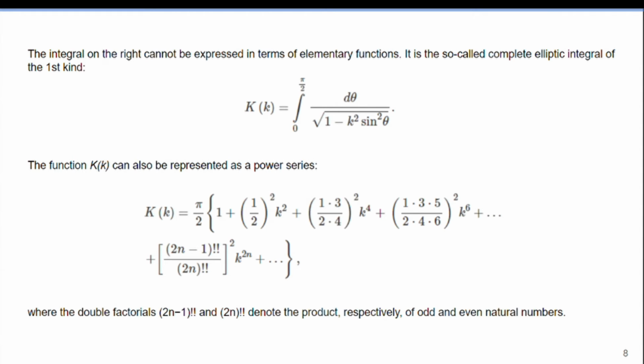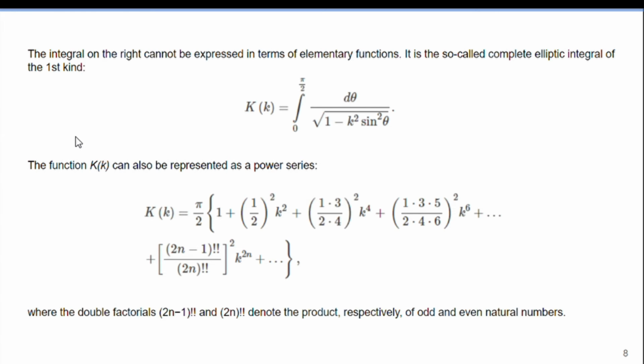Now we can see the integral on the right cannot be expressed in terms of elementary functions. It's the so-called complete elliptic integral of the first kind. We can see the K and the integral of this variable.